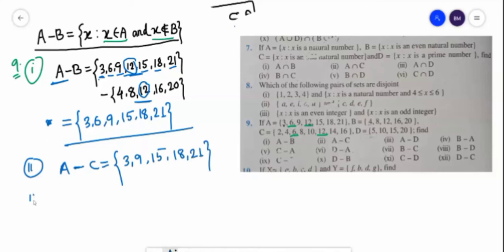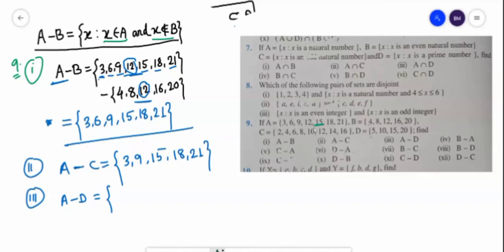Number 3, A minus D. The common elements of A and D we have to omit from A. Mark the common element first. D is 5, 10, 15 and 20. Only one common element. This is a multiple of 5 and also a multiple of 3.